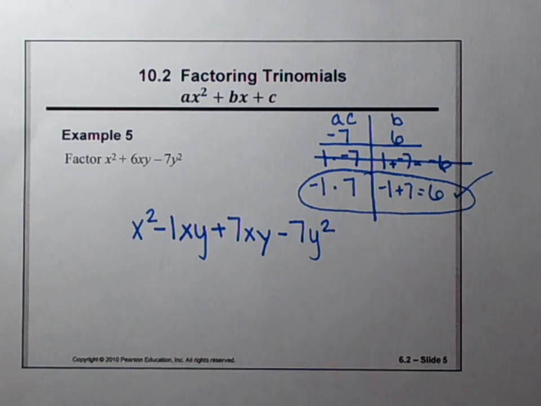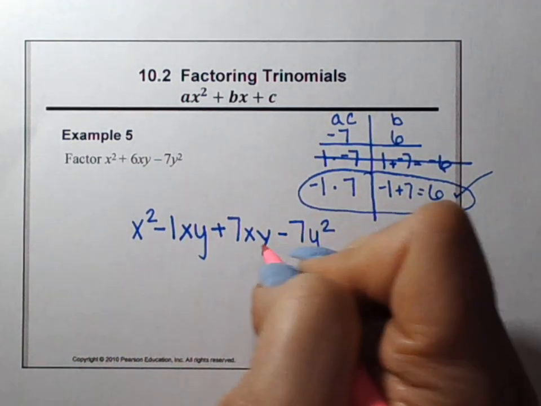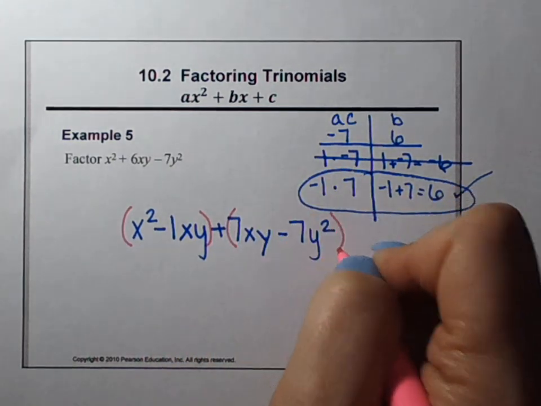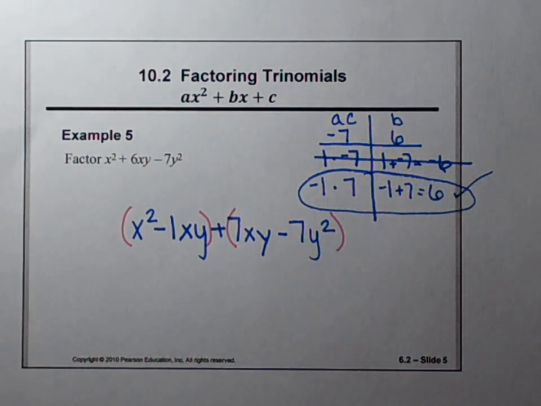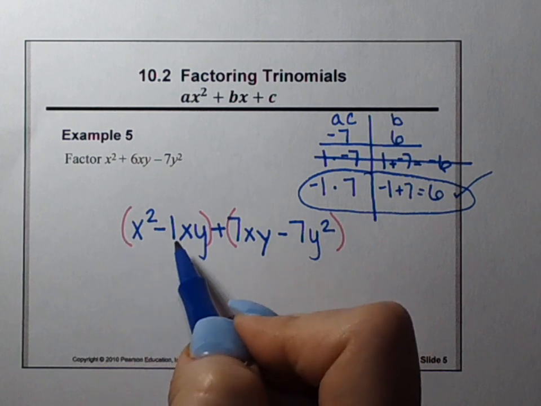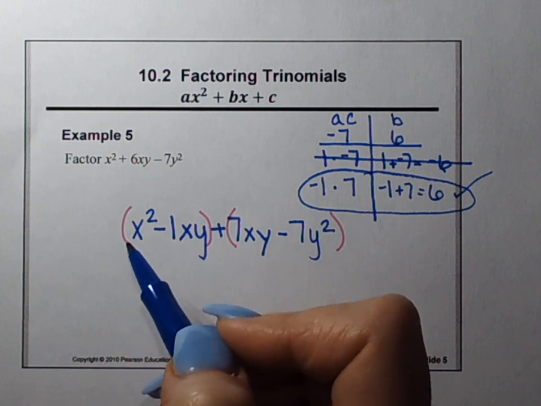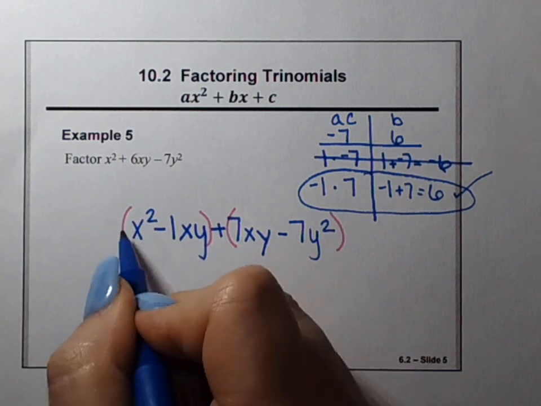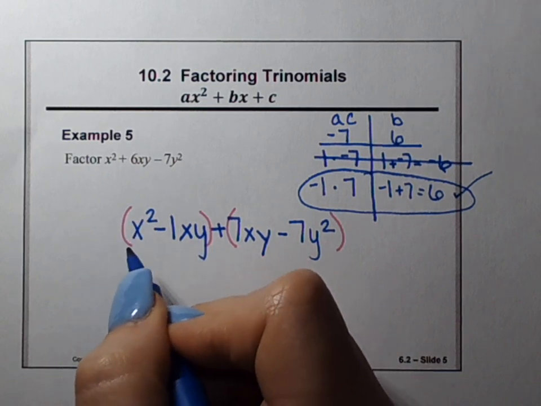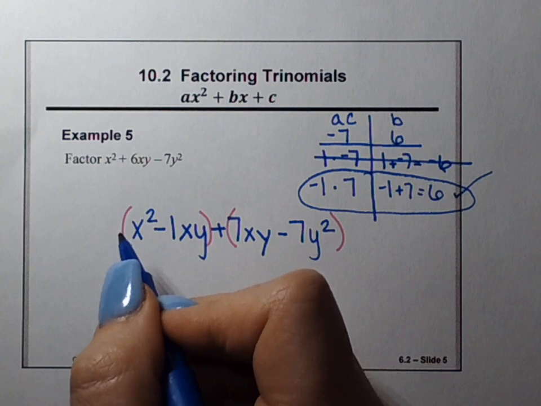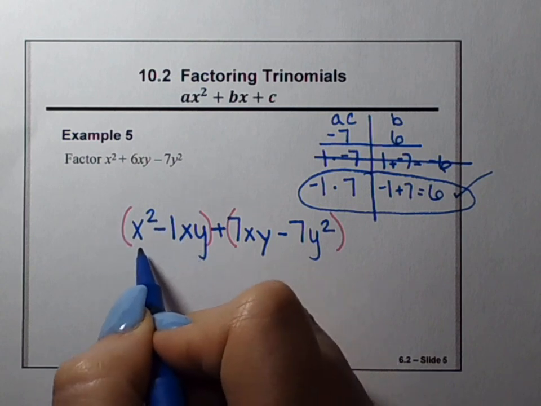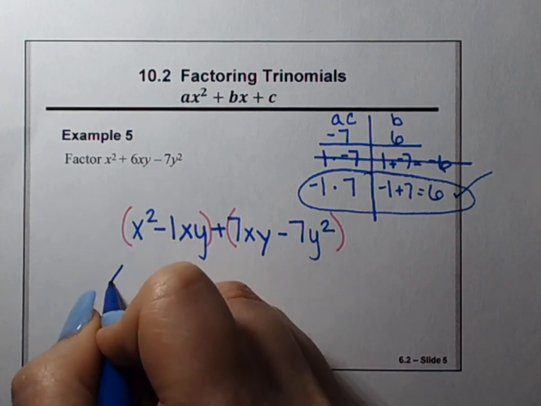Okay, so now all I'm going to do is group these together and then factor out my GCF of both of the groups. So here, they're not going to share any numbers in common. I mean, you could factor out a 1 if you wanted to, but it's really not necessary because we do have a variable that we can factor out. So they only share an x in common.